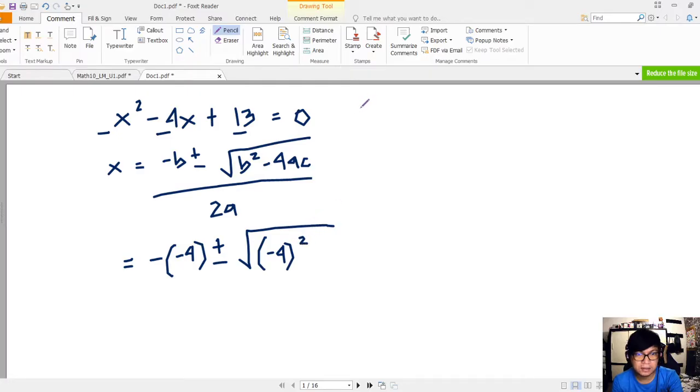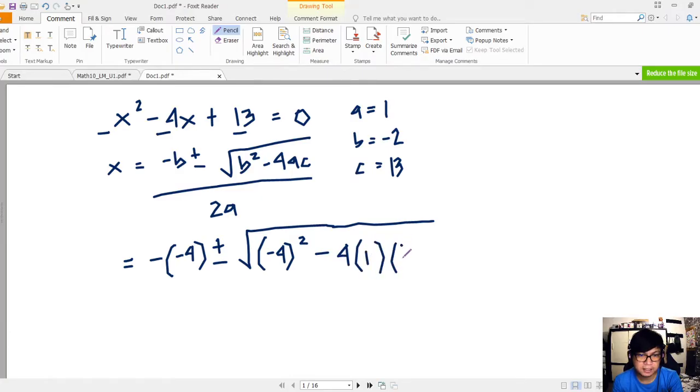So, lagyan natin dito ha. A natin is 1. B natin is -4. And our C is 13. Negative 4 squared minus 4 times A natin is 1 times 13.